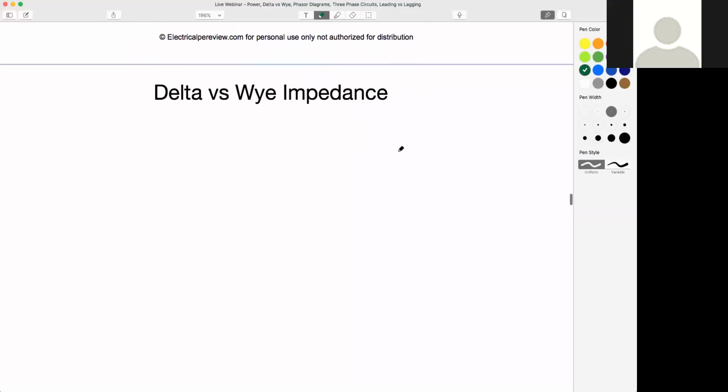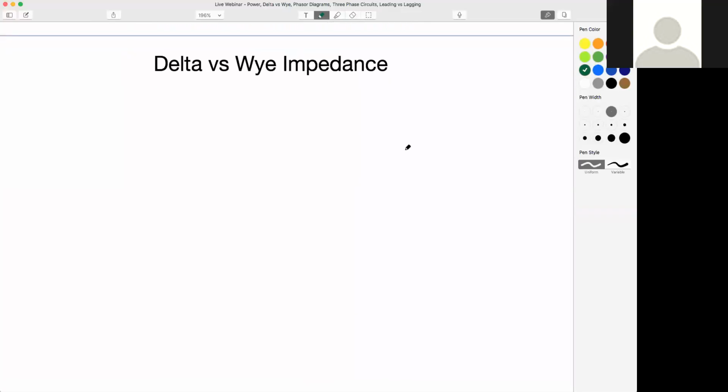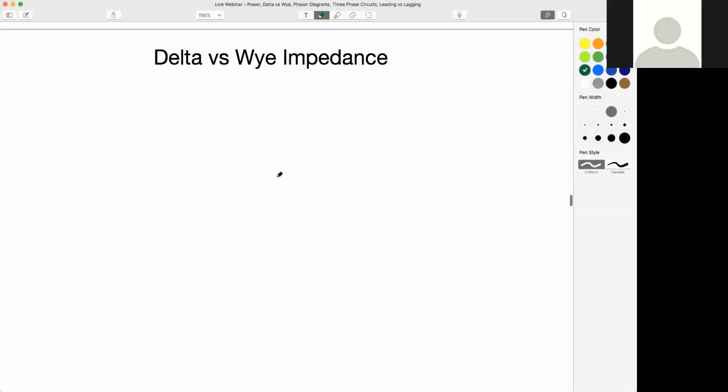Delta versus Y impedance. We'll touch on this really quickly, and then that'll be the perfect build-up for our three-phase circuits. So I'm going to go ahead and draw a delta system on the left and a Y system on the right. And for the sake of simplicity, we're just going to talk about a balanced system.